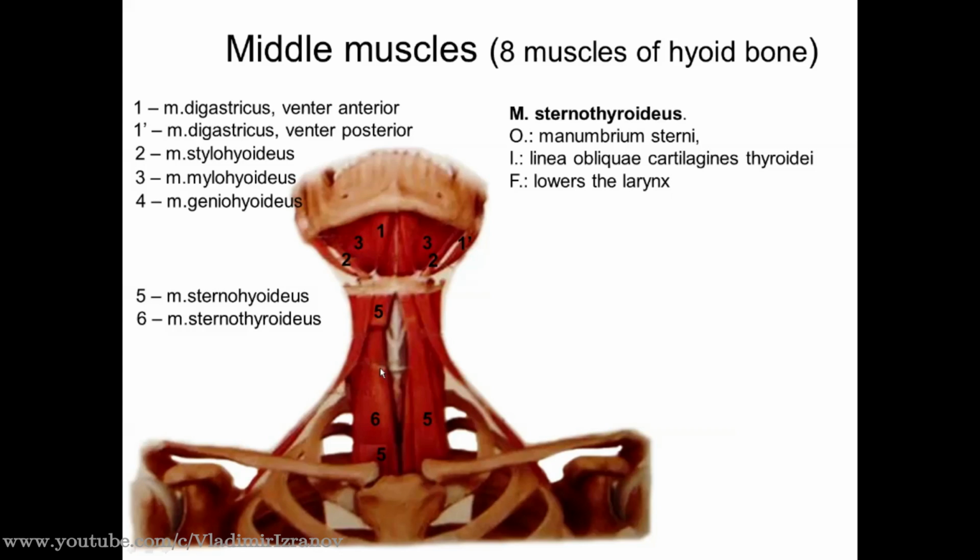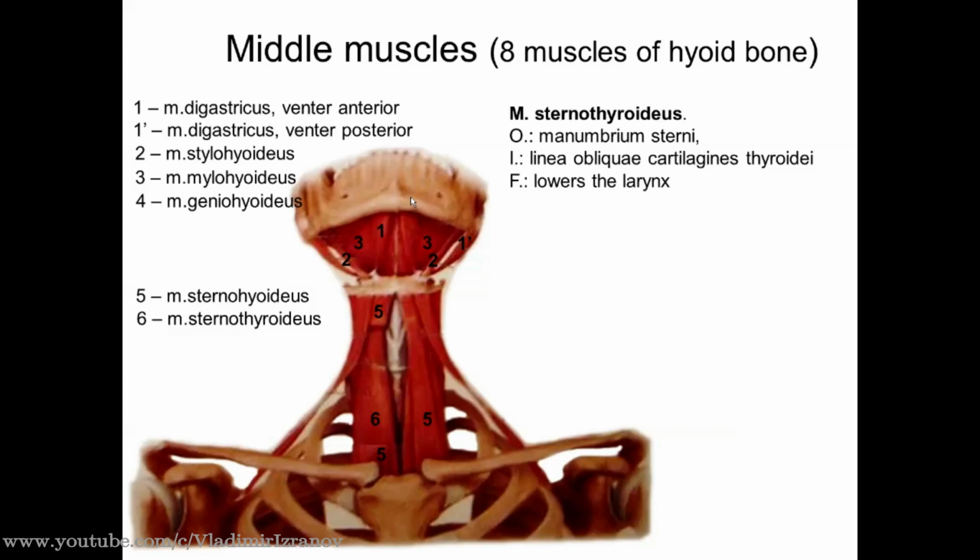And function: this muscle lowers the larynx. Why do we need to lower the larynx? To open the mouth very widely, for example, and also in swallowing, in the process of eating and swallowing.